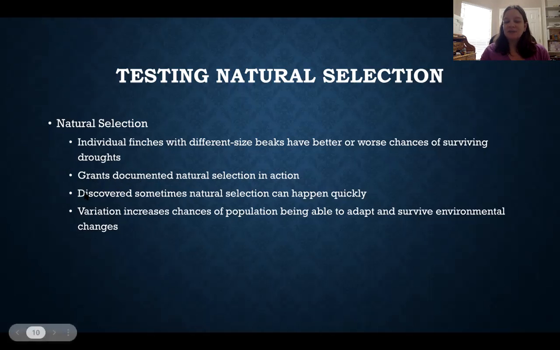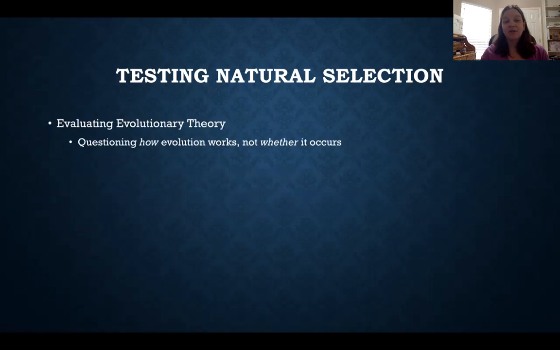So we discovered that sometimes natural selection can happen very quickly, especially when the environment suddenly changes, and that the variation within these organisms increases the chances that the population gets to survive. Some individuals within the population have an adaptation that will let the whole population survive. Not every individual gets to survive, but our species, our population, gets to survive.